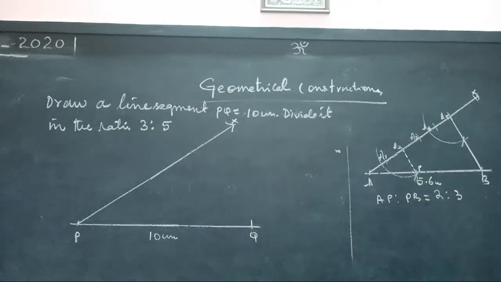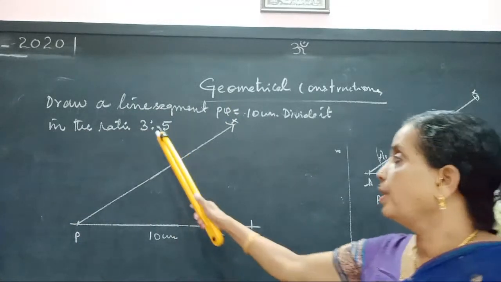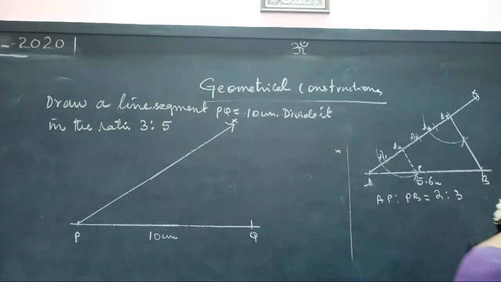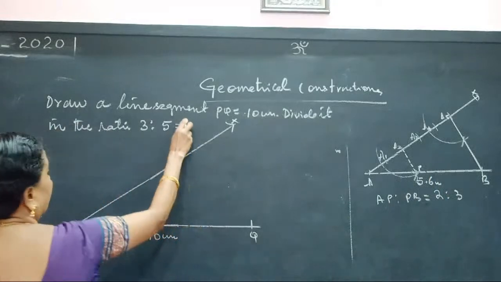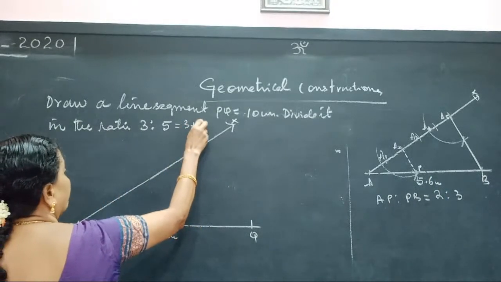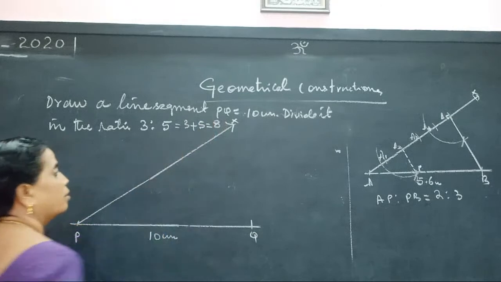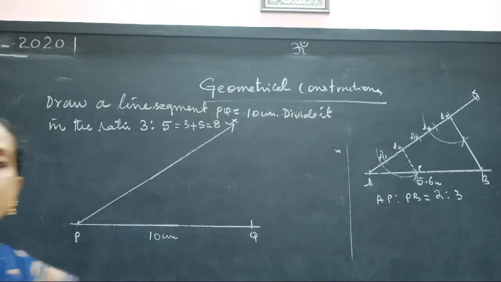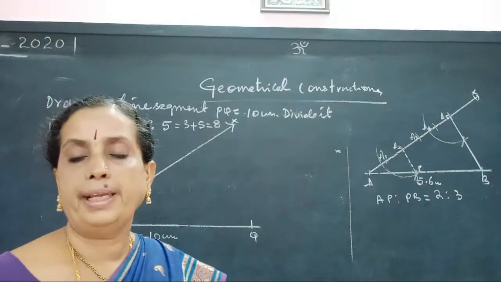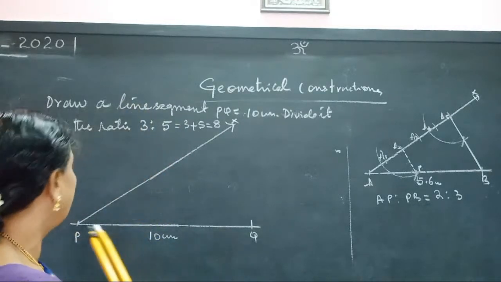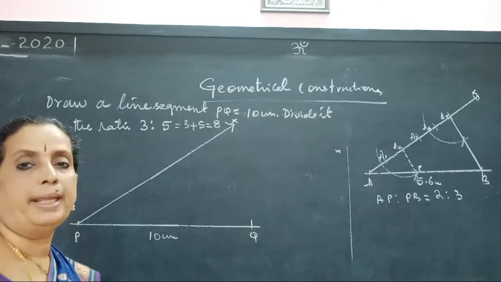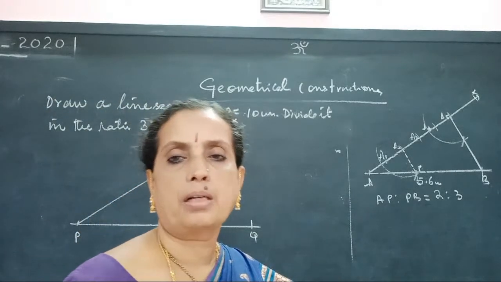Since the ratio is 3:5, the sum of the ratio will be 3 plus 5 equals 8. Sum of the ratio is 8. So we have to divide the ray PX into 8 equal parts.